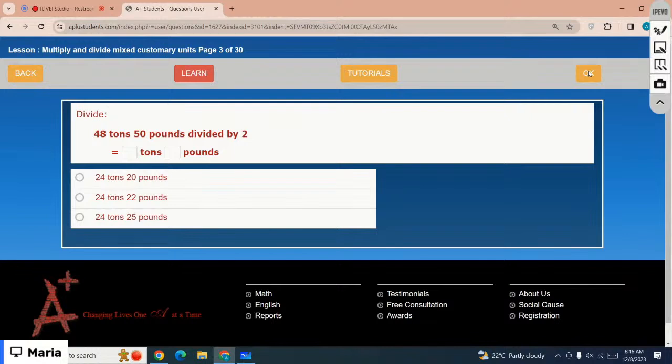Yes, the correct option is you have to divide. So 48 divided by 2 is 24 tons and 25 pounds. The correct option is option number 3. Very good.